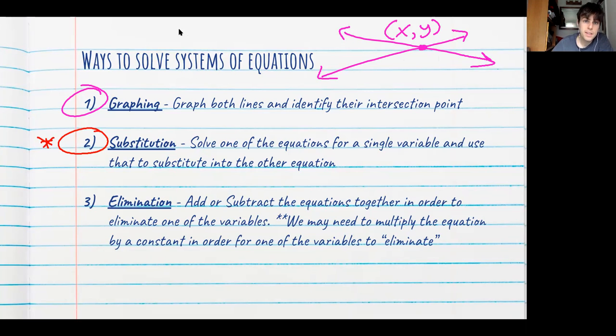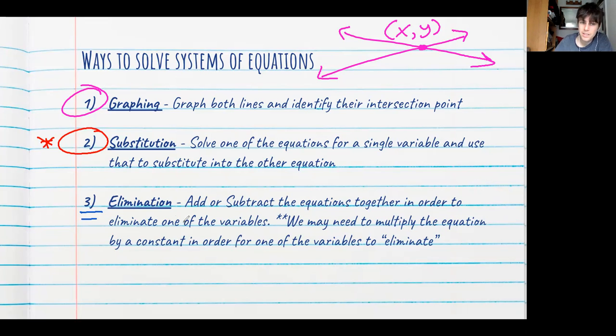And then our third method here is called elimination. There are a few specific times where we're going to use elimination. Elimination is when we take our two equations and we either add them together or subtract them from each other to create a single equation. In doing so, we eliminate, get rid of, cancel out one of the variables so that instead of having a two variable equation, we have a one variable equation that we can solve.